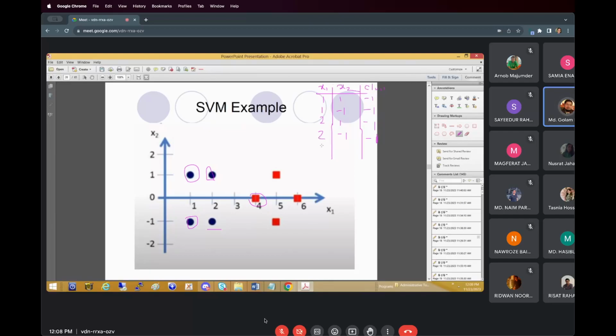Now we can say that this is our other data. So here is the 4 and 0. This is the positive class, so positive 1. Then this one is our 5 and 1, also positive. And this is our 5 and negative 1, positive 1.